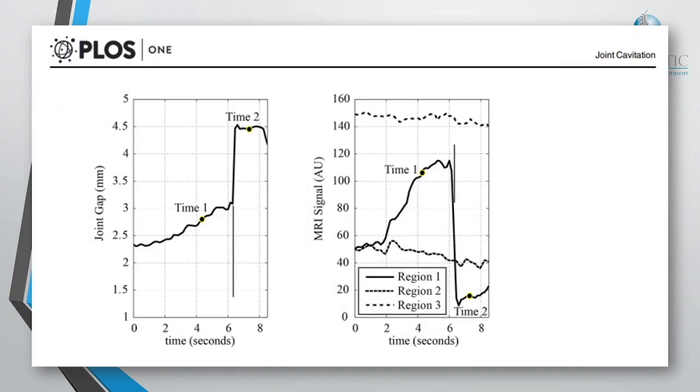And again, a couple of helpful diagrams where they basically concluded exactly the same thing as the original paper back in 1947, where again, we've got the joint gap in millimeters here. And as we hit just around 3 millimeters or so, that rapidly shoots up to around 4.5 millimeters. And that's within the same second, really, around 6 seconds that occurred.